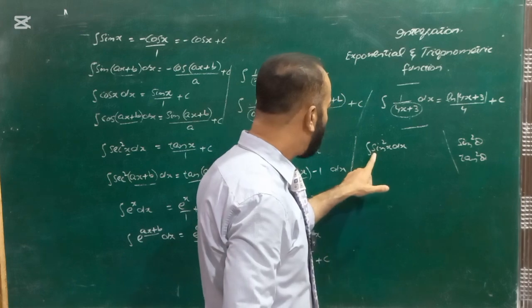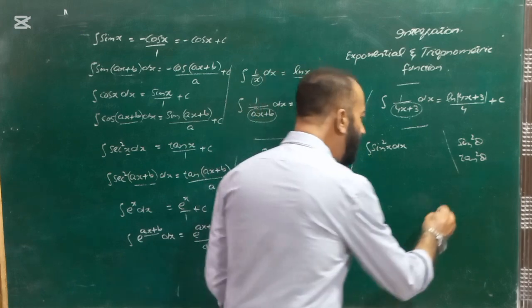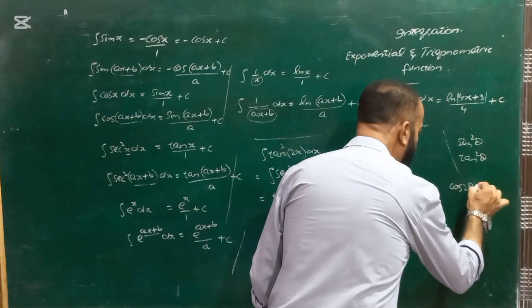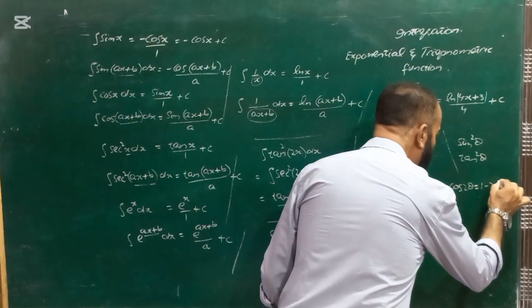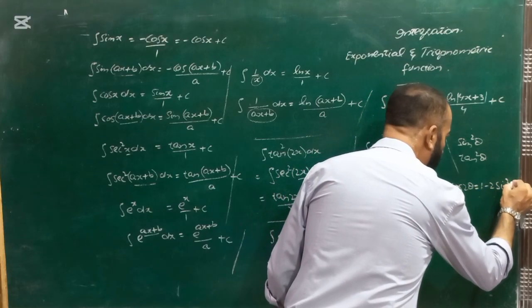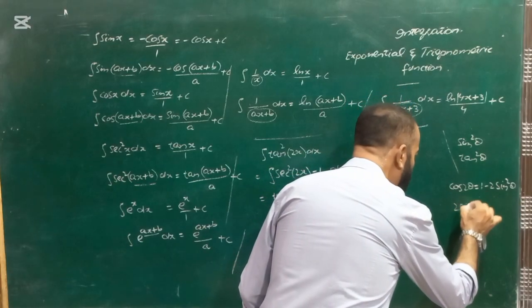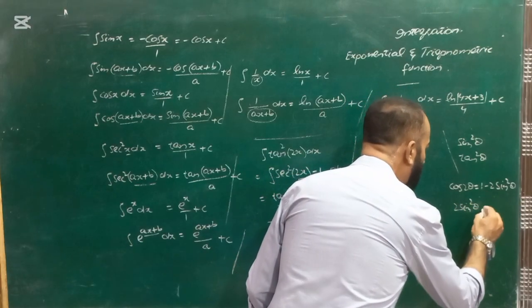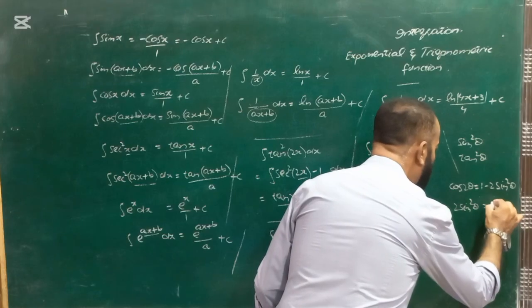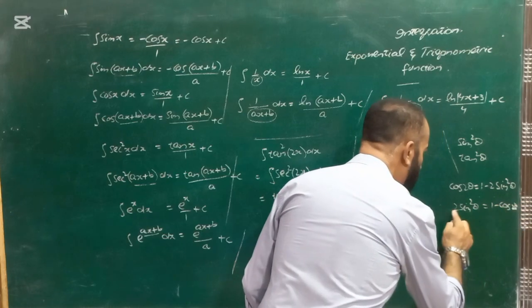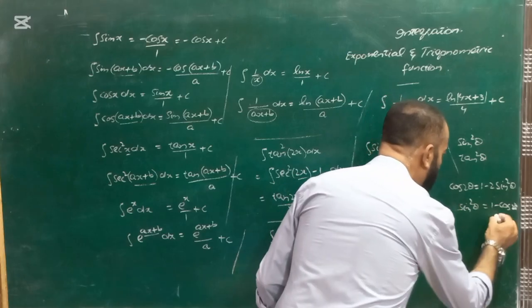So look now, sine square x can be replaced. You know we have a formula that cos 2 theta is equal to 1 minus 2 sine square theta. From here you can see 2 sine square theta will be equal to 1 minus cos 2 theta, or this 2 can also go to the denominator.